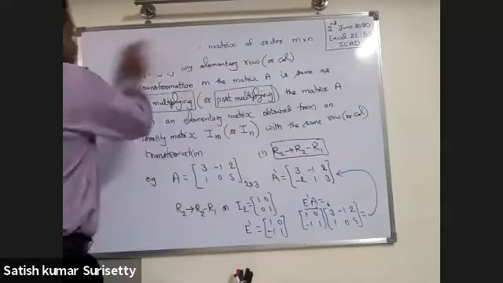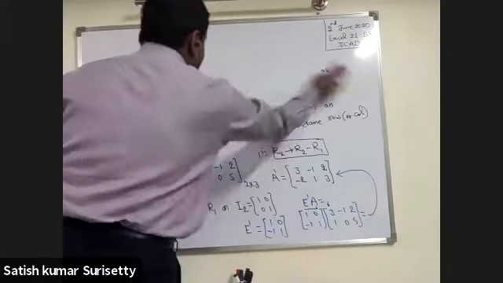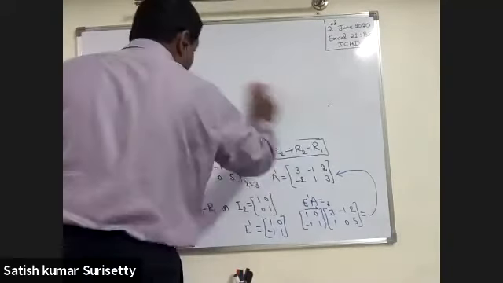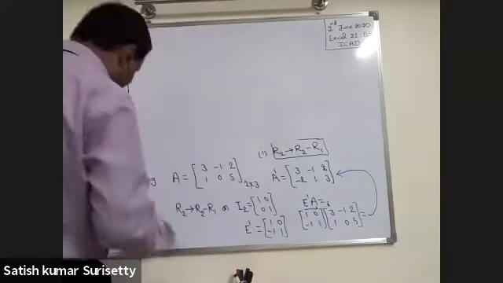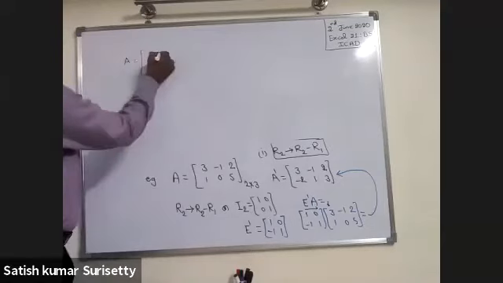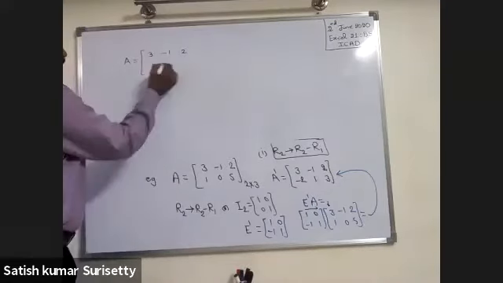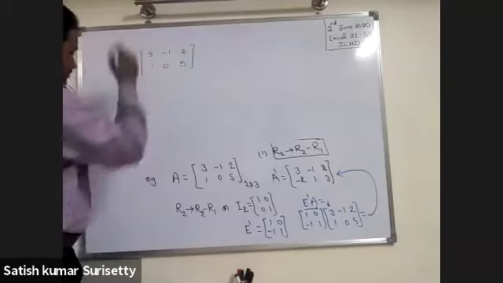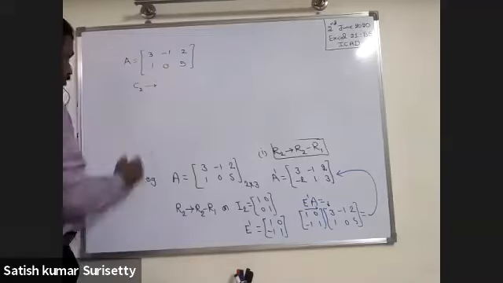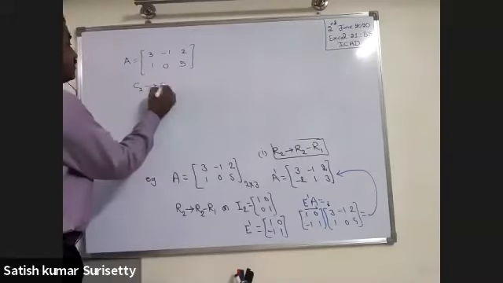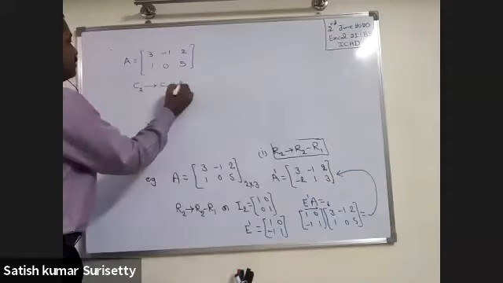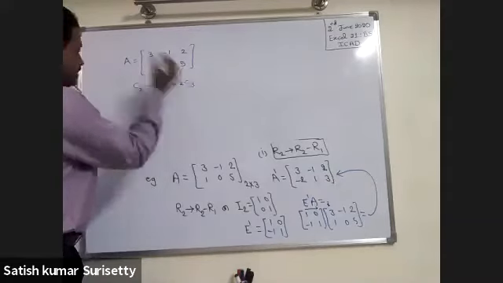Let us take another example, or else apply the column operation on the same matrix A. Again A equal to [3 -1 2; 1 0 5]. Now let us apply the column operation C2 to C2 plus 2 C3.